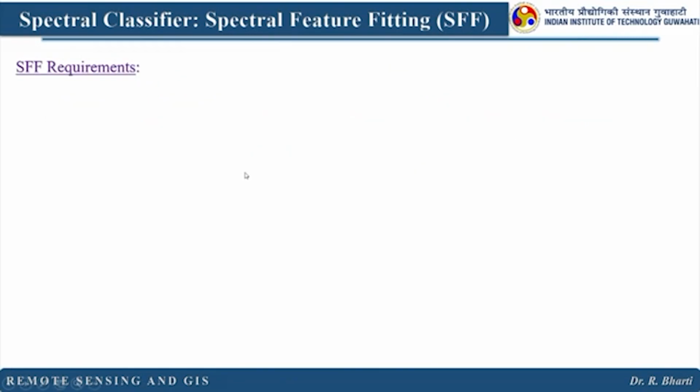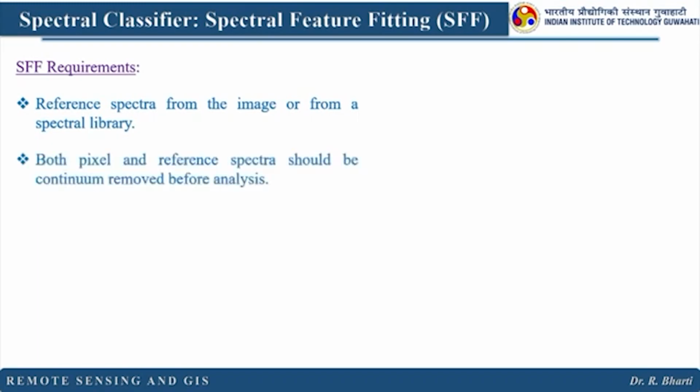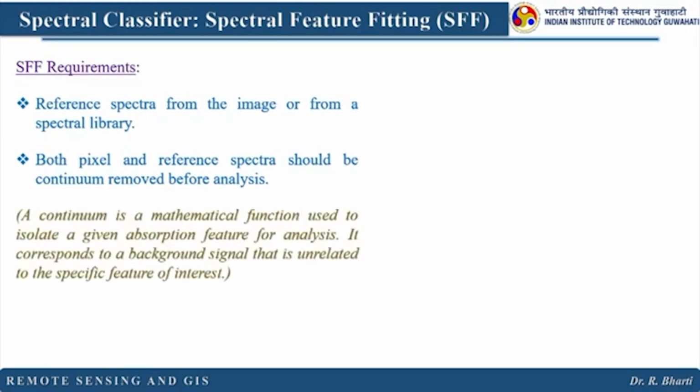The requirements of SFF are listed here. Reference spectra from the image or from a spectral library; this is mandatory. Both pixel and reference spectra should be continuum removed before analysis. Hope you remember that continuum removal. A continuum is a mathematical function used to isolate a given absorption feature for analysis.